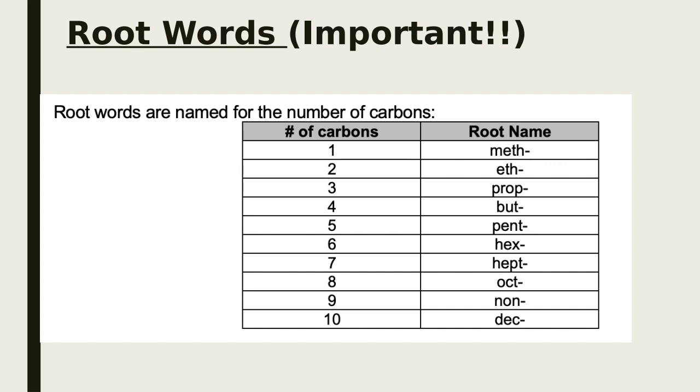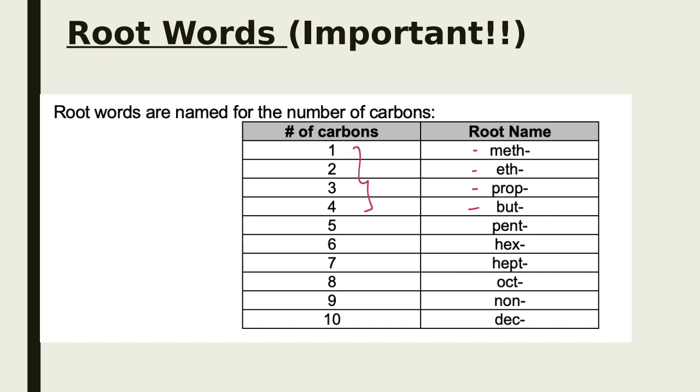But some of the root names are different. For carbons 1 to 4, if there was 1 carbon in your structure, the root name is meth. If there were 2 carbons, the root name is eth. 3 is prop, and 4 is but.